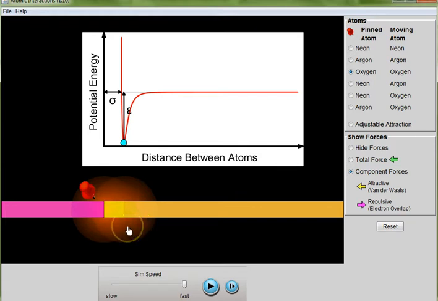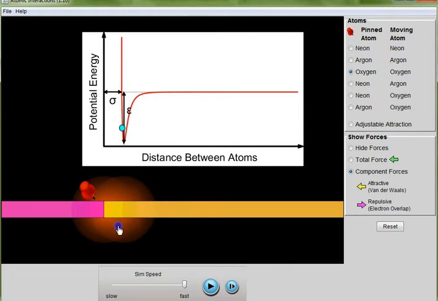Now as you start to bring them any closer, the attractive force is going to be weaker. In this one you can't actually see it, but I'll change the atom later and see if we can see it on the other atom.